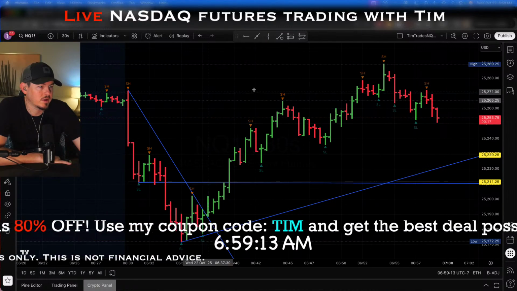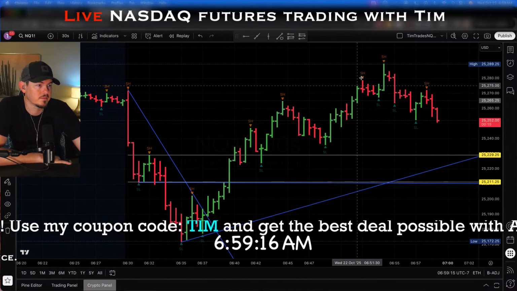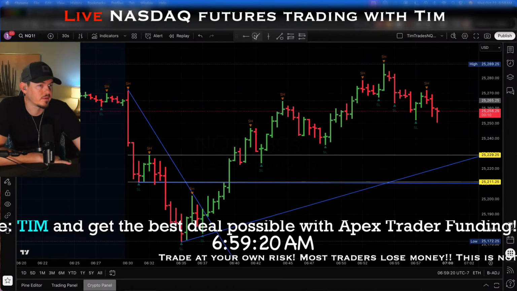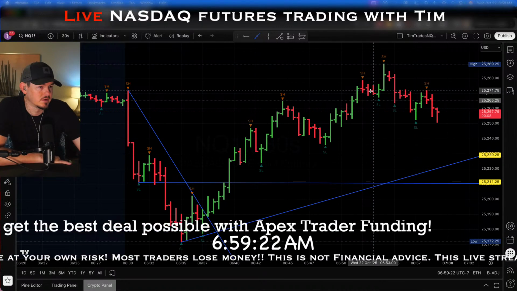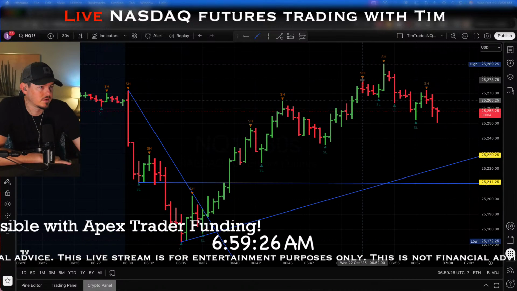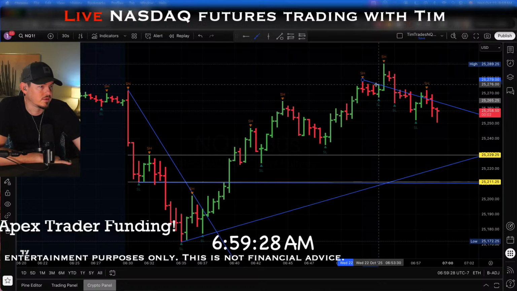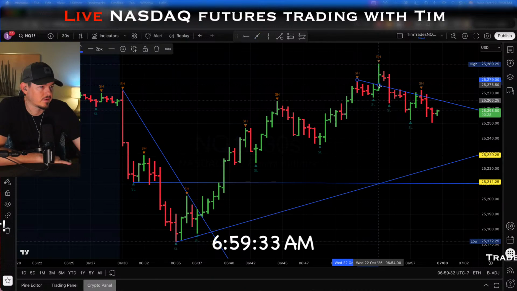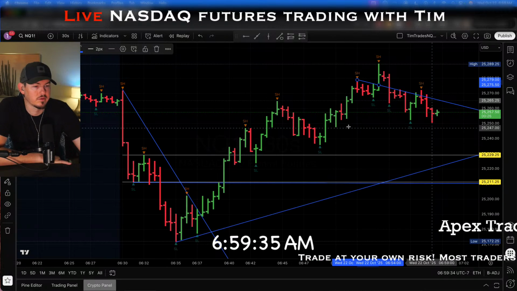So potentially, you're not really clear until this point here. But that would have been a false breakout because now we're in drawdown.